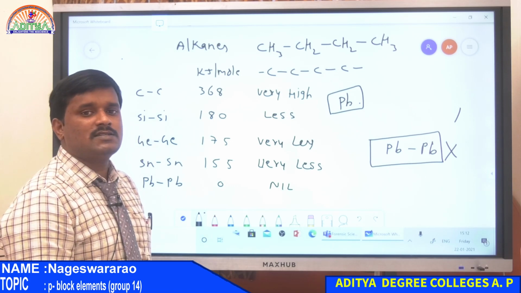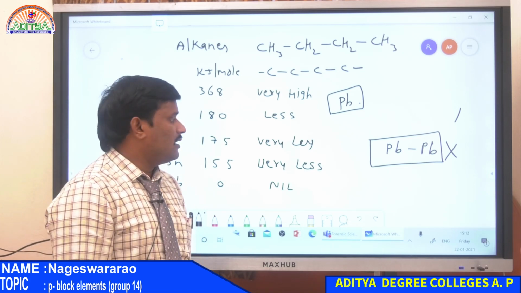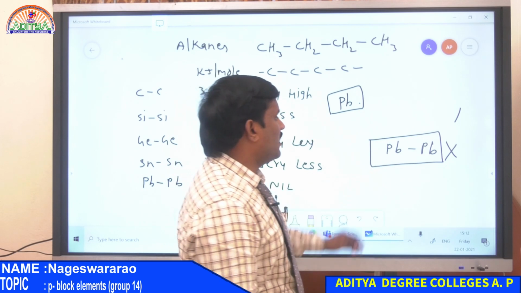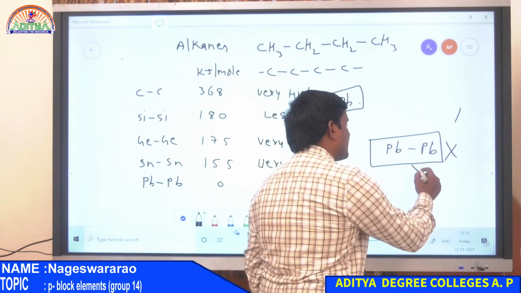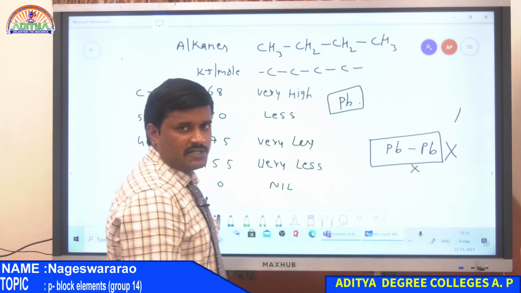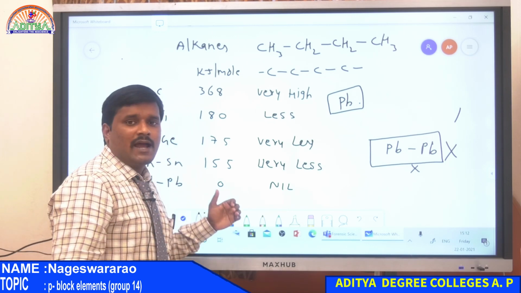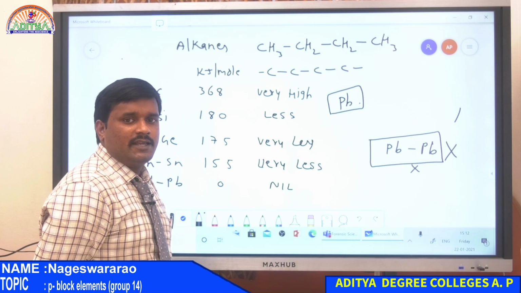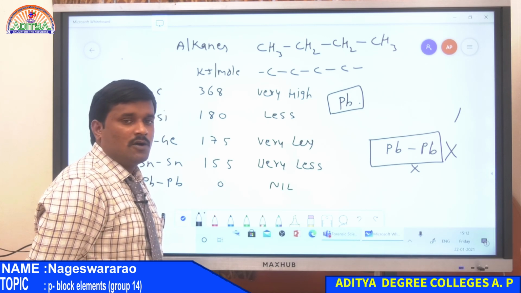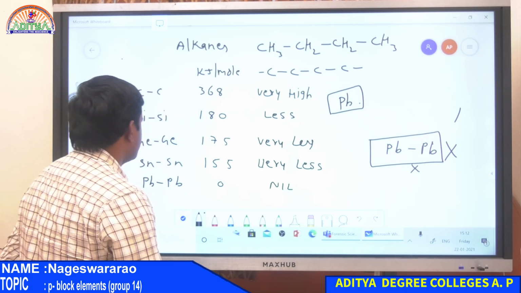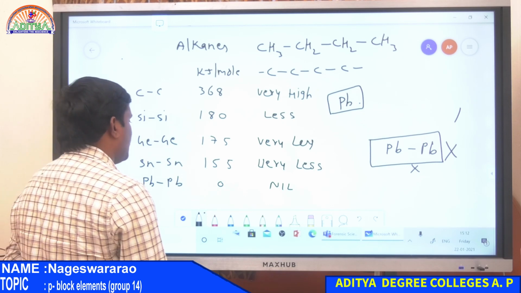So lead does not form catenation; the Pb-Pb bond does not exist, hence the catenation property is absent for lead in this group. Therefore, from top to bottom the catenation property decreases; carbon forms more catenation compared to silicon, germanium, tin and lead.